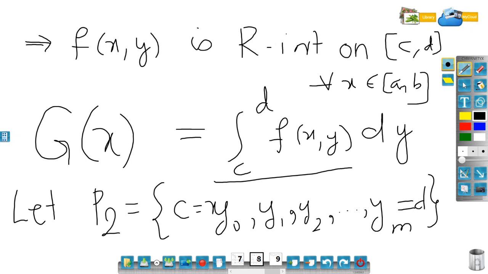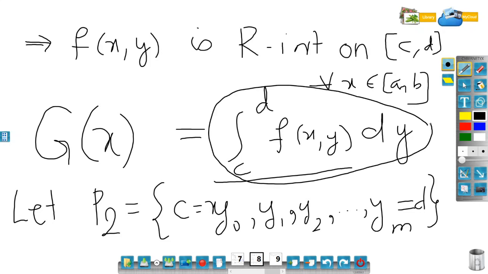If it is a partition of [c, d], you can see that between c to d there are points y0, y1, y2, ym. So this integration I can break out.